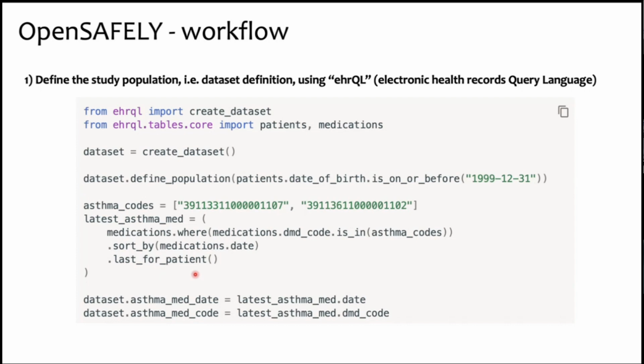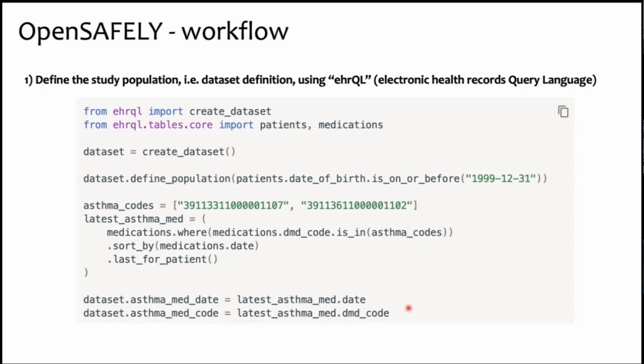And as a column, I then want for each entry the date of this DMD code and the code itself. So which one of the 2 is used for each person. So it's quite a readable, friendly to use coding language, even for myself as a clinician, something that you can really learn quite fast.